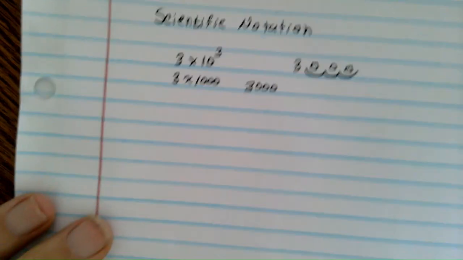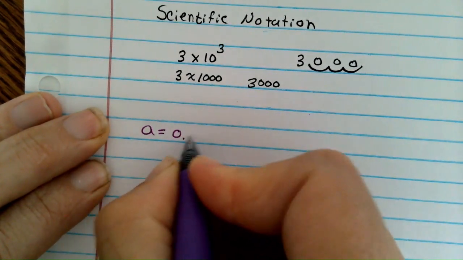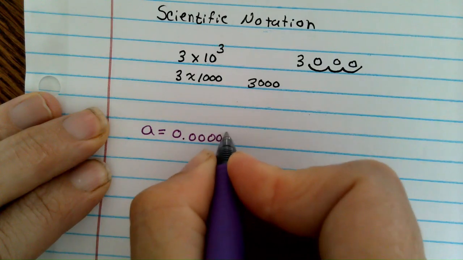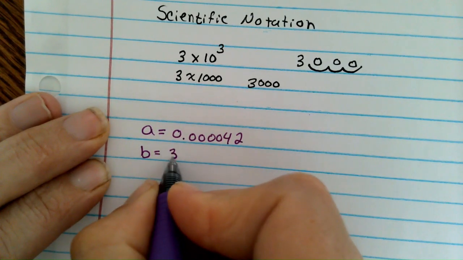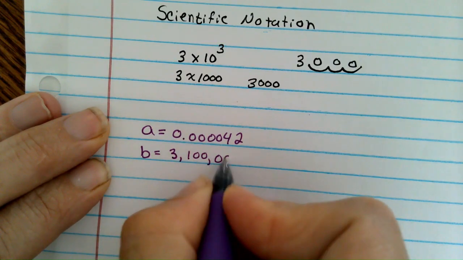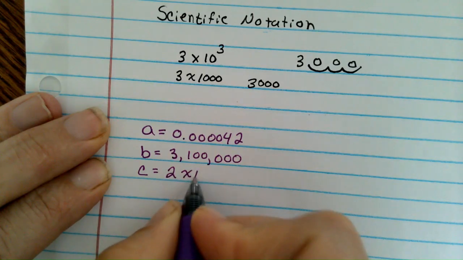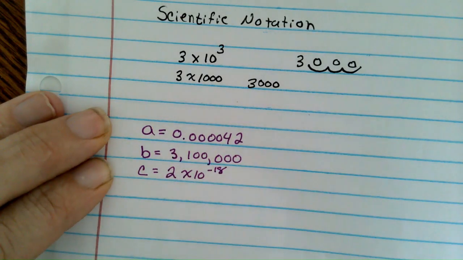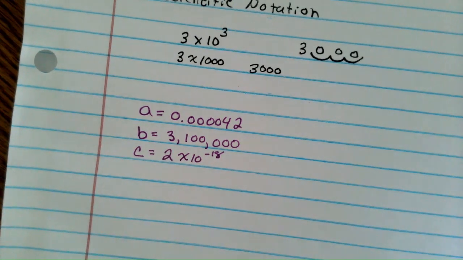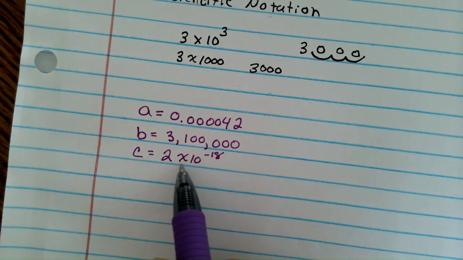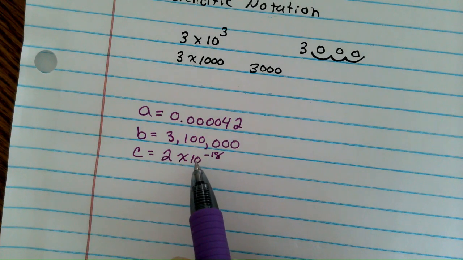So let's say I give you information that A is 0.123442. B is, and C is 2 times 10 to the negative 18th. Now, I'm definitely not going to type this into my calculator with all the decimals, because that would be a lot of zeros.